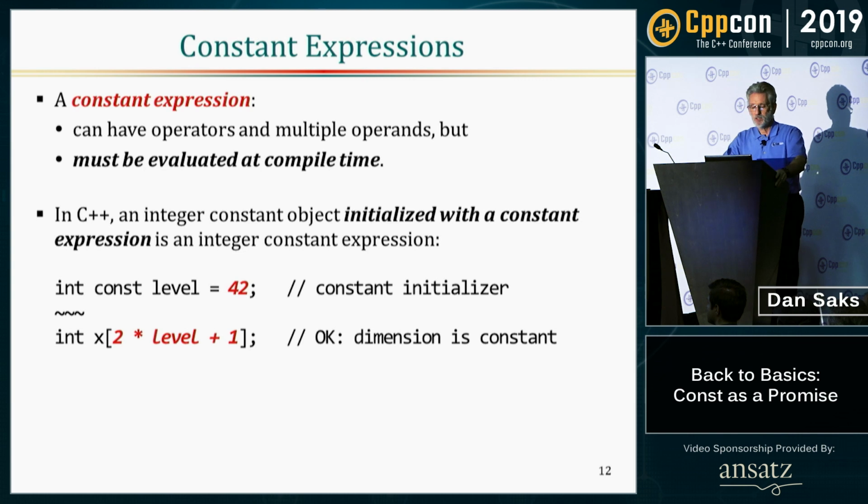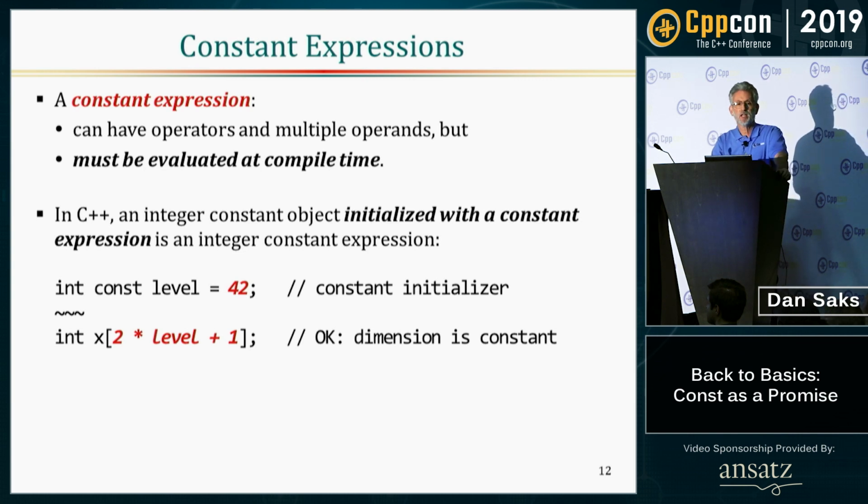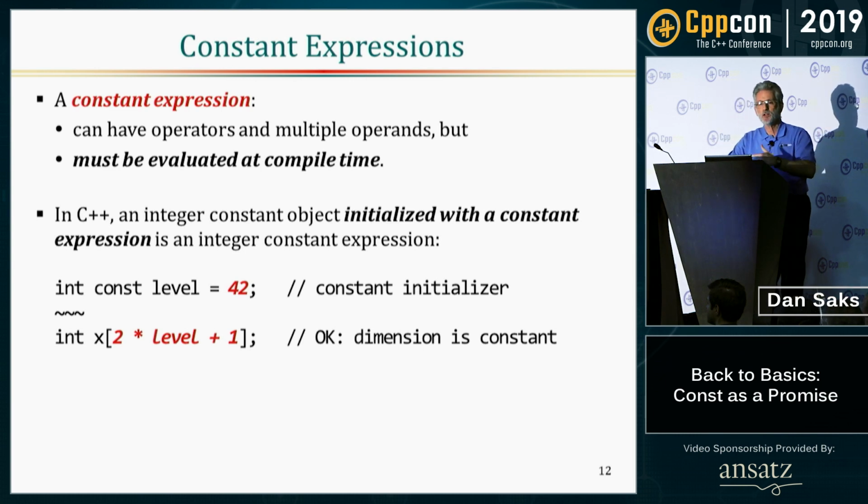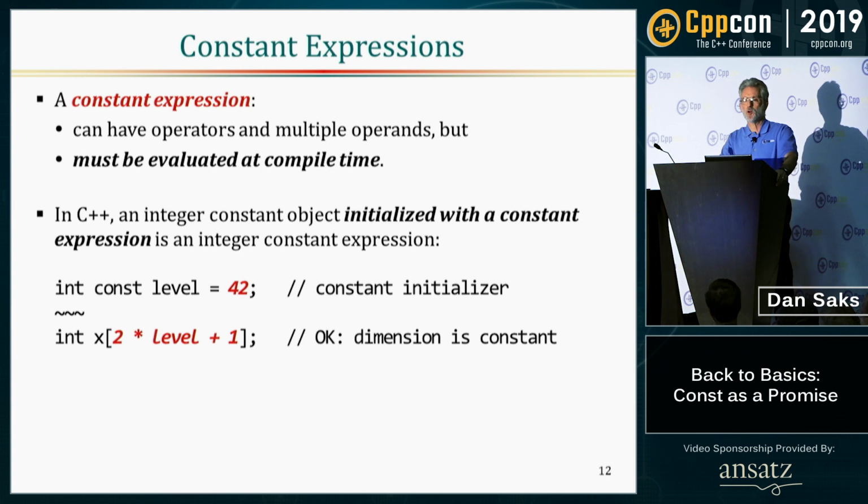So that definition for level is perfectly legit. It says level is a constant integer initialized with a constant value. You can then use it to form more complicated constant expressions, like 2 times level plus 1, and that's still an expression that can be evaluated at compile time.